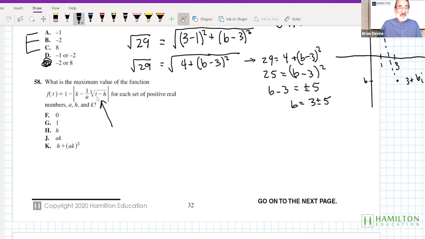So the least that this term could be, the k minus 1 over a cubed root of whatever, they could have put 100 different things inside there. The biggest it's going to be, we don't care, but the smallest that it's going to be is going to maximize f of t. And so we want this to be 0, which means that the biggest that f of t could be would be g.